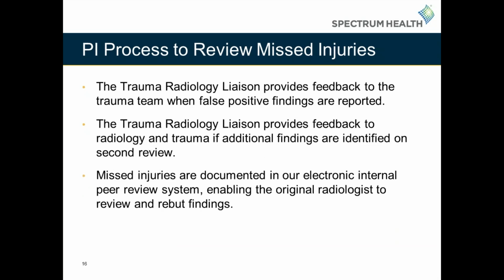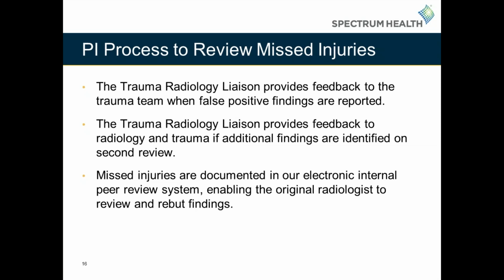Then also the trauma radiology liaison provides feedback to the trauma team when there's a false positive finding that's presented. For example, if we get one of the reports from the radiology or the trauma attending or residents that think that the patient has 2 through 6 rib fractures on the left side, then I'll send that over to the radiology liaison, and then he says, no, these fractures aren't present.